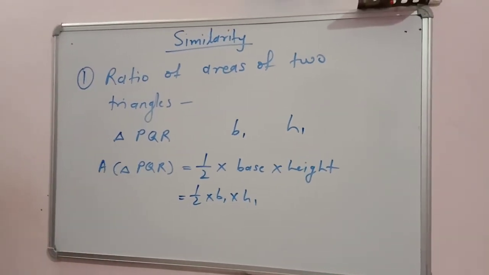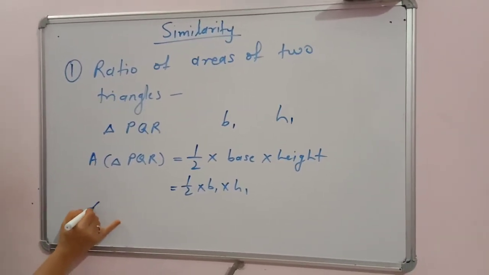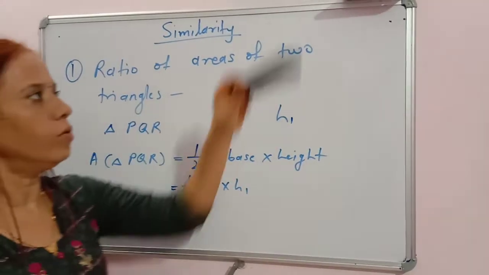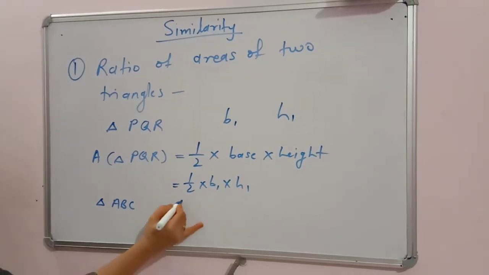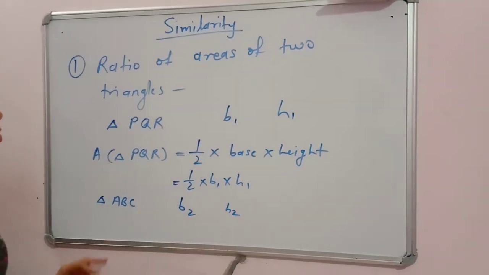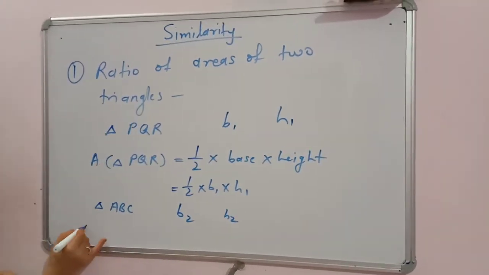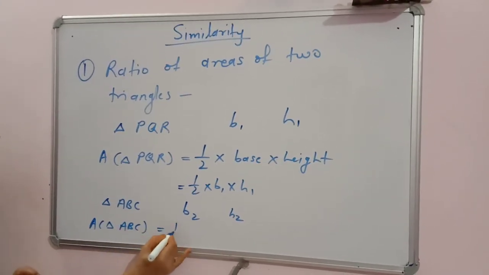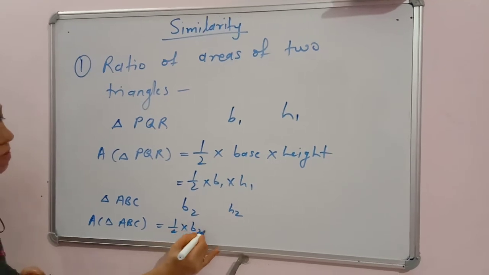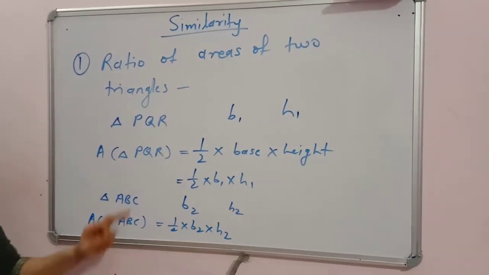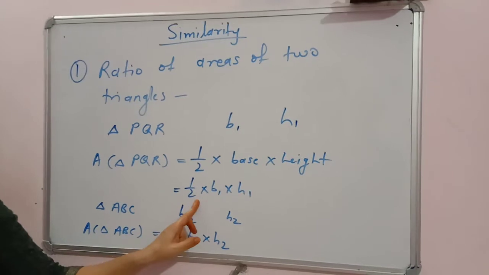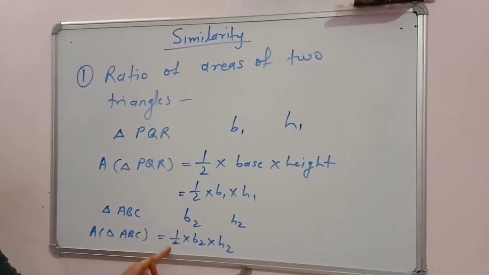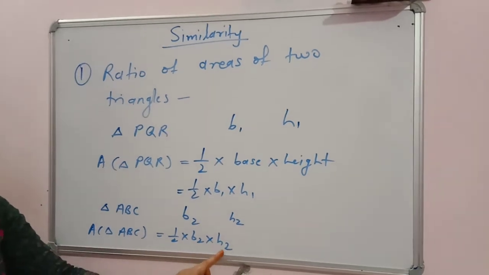Another triangle ABC has base B2 and height H2, so its area is 1/2 multiplied by B2 multiplied by H2.